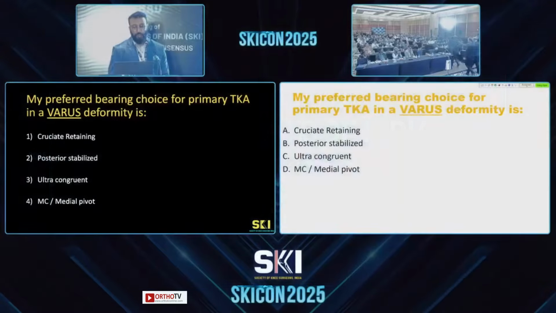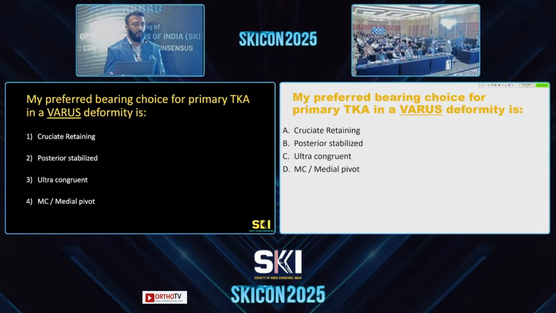The first question is, my preferred bearing choice for primary TKR in a varus deformity is option number 1, CR, option number 2, PS, option number 3, ultra congruent, option number 4, MC or medial pivot.